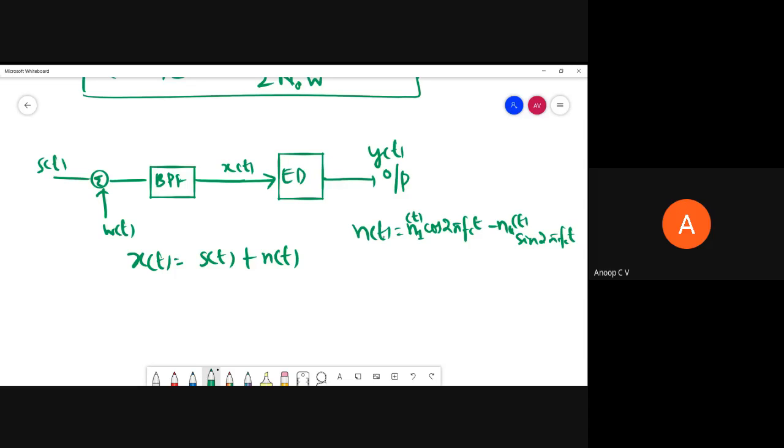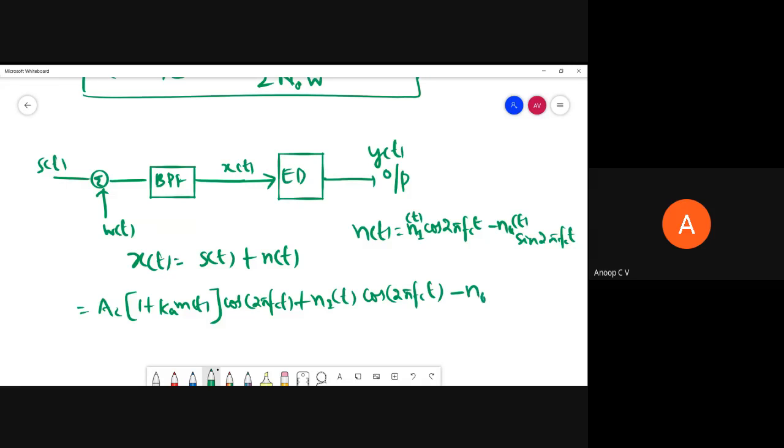So this is equal to AC into 1 plus Ka m of t cos 2 pi fct plus Ni of t cos 2 pi fct minus Nq of t sine 2 pi fct. So this is X of t.